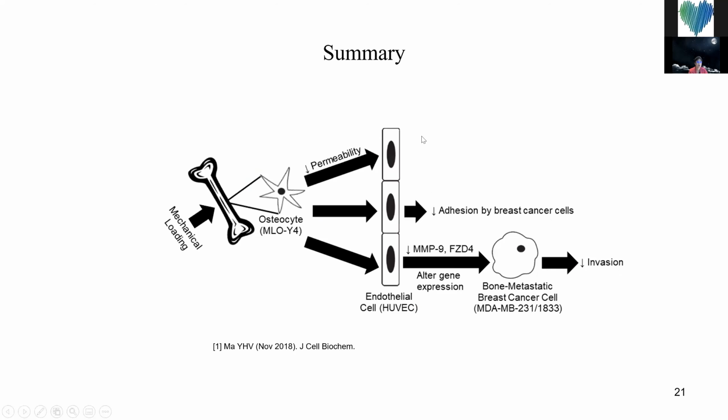We also saw that osteocytes and mechanical loading can decrease the permeability of the endothelium and also decrease the adhesion of breast cancer cells to the endothelium, and in the end can affect the metastatic potential of cancer cells. So this works through the signals released by the endothelial cells to regulate the cancer cell metastatic potential, in the end leading to a decrease of invasion.